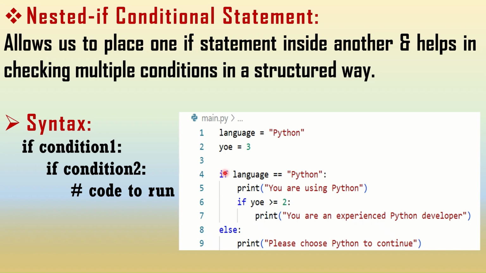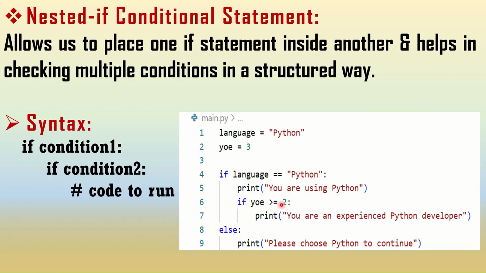If the language is other than Python, I don't want to check the years of experience. I only want to check it whenever the language is Python. So I have given: if the language equals Python, then only I'm printing 'You're using Python'. And inside this statement, I have used one more nested if conditional statement, checking whether years of experience is greater than or equal to 2.